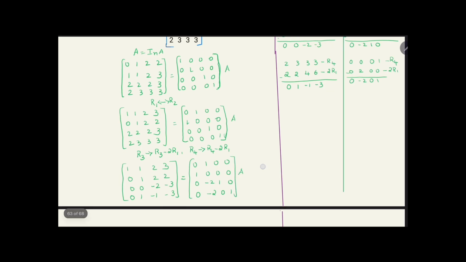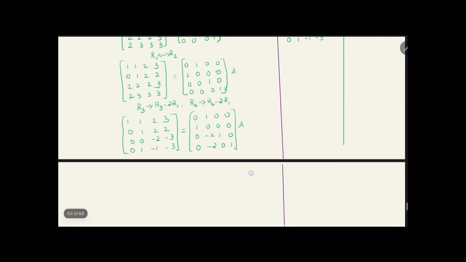Into A. Now what is the next rule? I have to make use of this second diagonal element and make these three elements 0. This element is already 0, so it is enough to make these two elements 0. For that, I should subtract R2 from R1, and I should subtract R2 from R4.